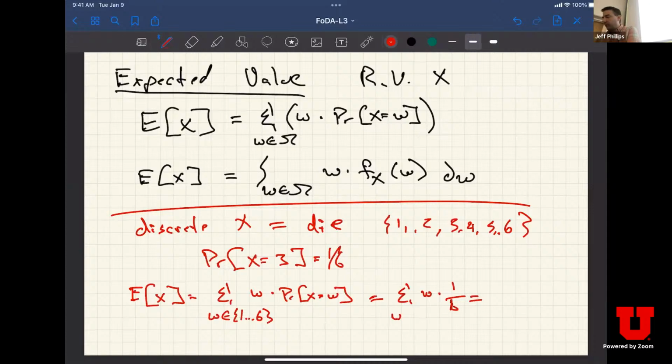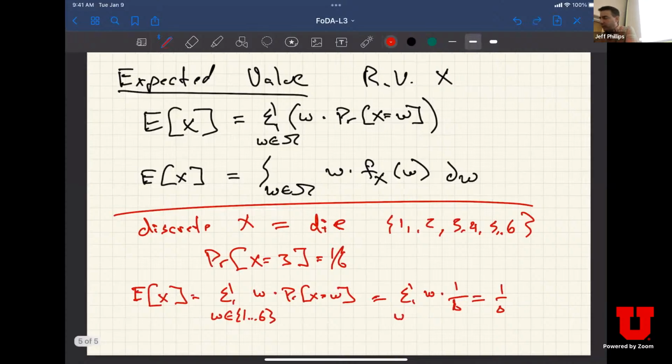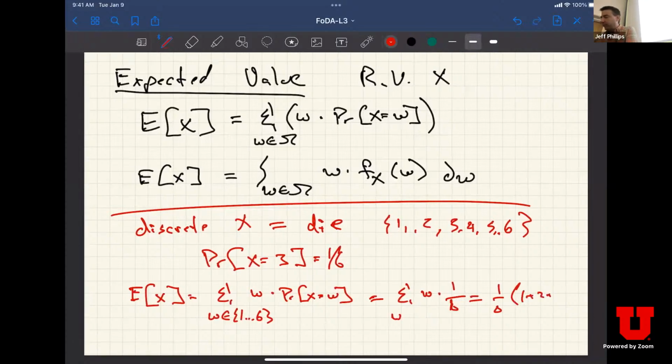So 1/6 times the sum 1 plus 2 plus up to 6. That's 1/6 times 21, so it's 21 over 6, which is 3.5. So the expected value of a die, if I roll one die, is 3.5.